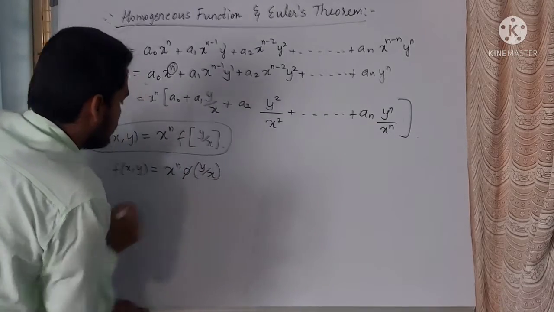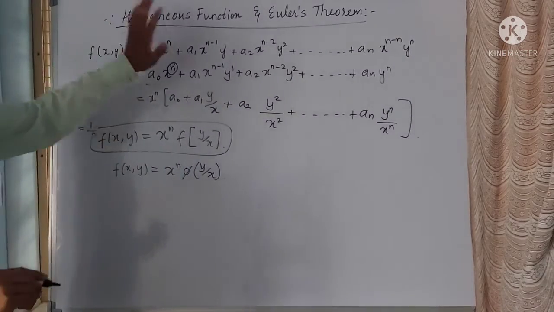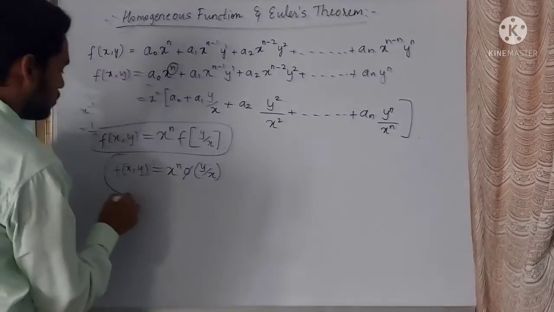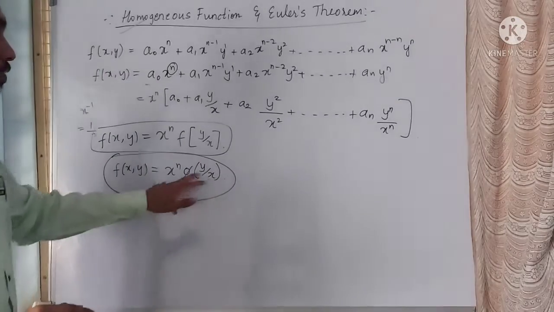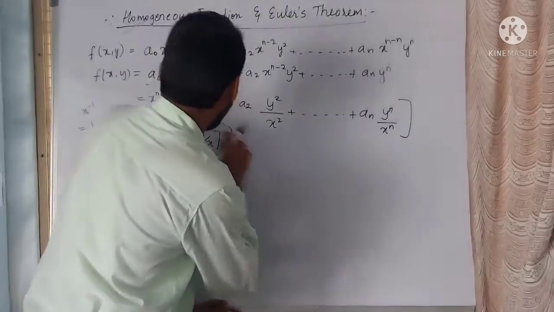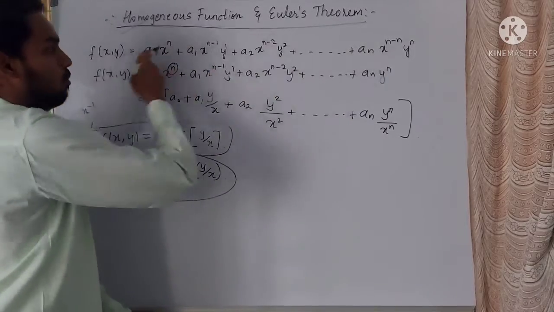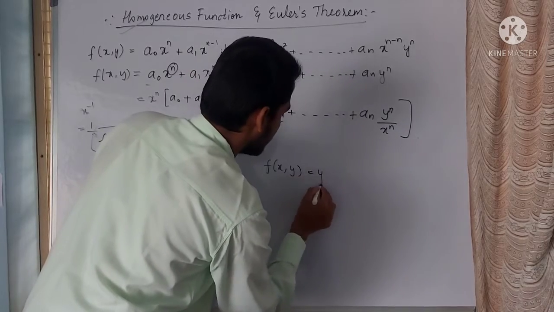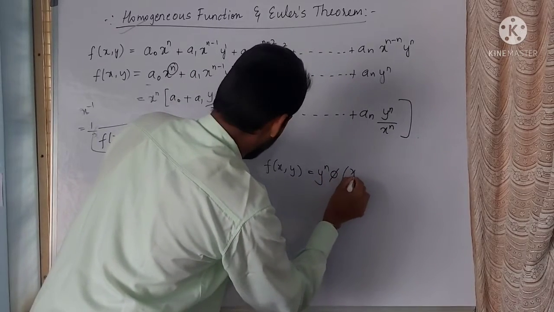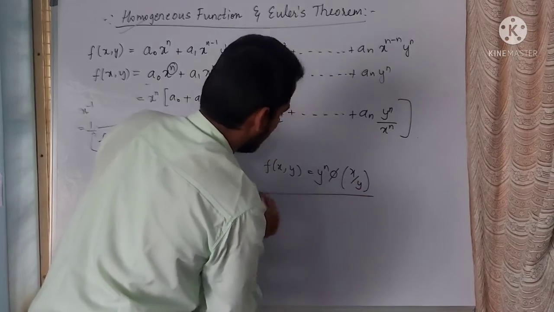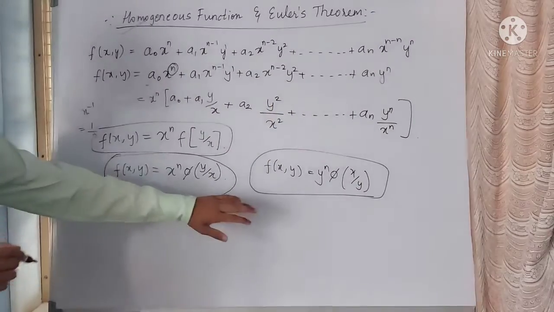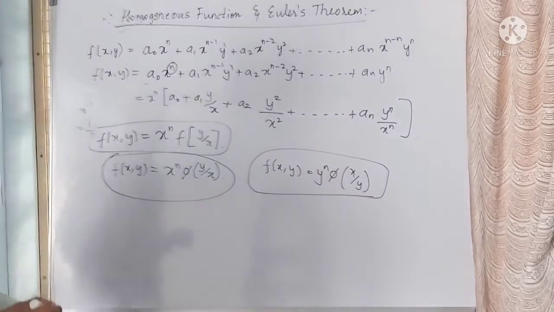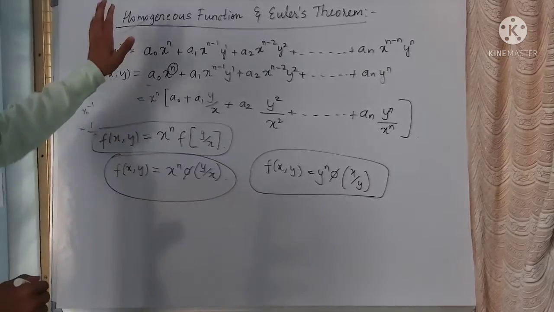Any function which is homogeneous can be expressed in this form, x raised to n phi of y by x. Or you can express it, if I take y raised to n common, like this: y raised to n phi of x by y. So this would also be the case. What we take common becomes the first term, and the remaining terms go in this way. So this is how you can express a homogeneous function.